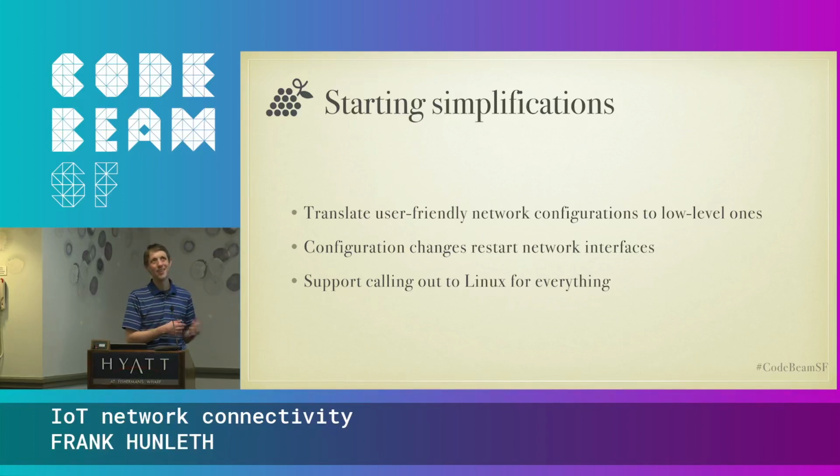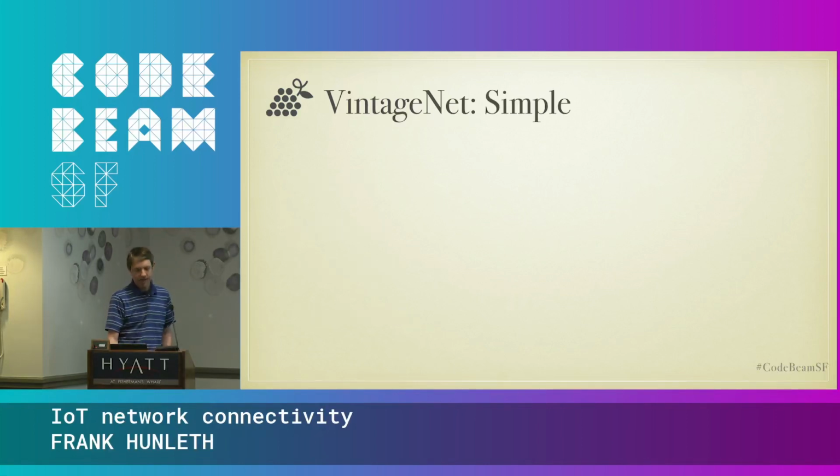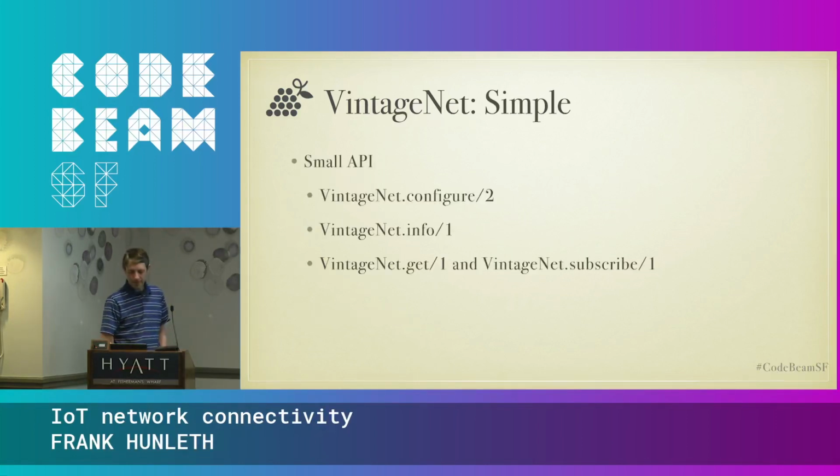The first versions of VintageNet would just call ifup and ifdown and create /etc/network/interfaces. I'd hang my head in shame, but not really, because it worked and it got us started and it was quick. So, all right: simple, reliable, testable, extensible. Let's go through these one by one.